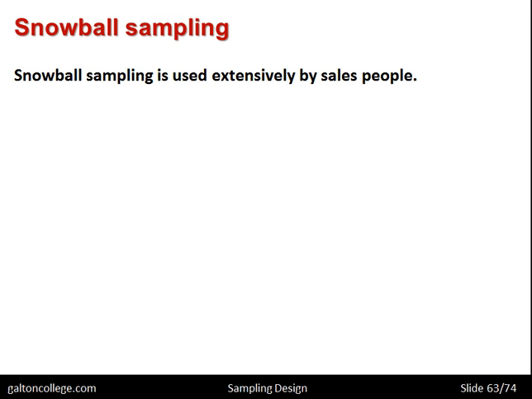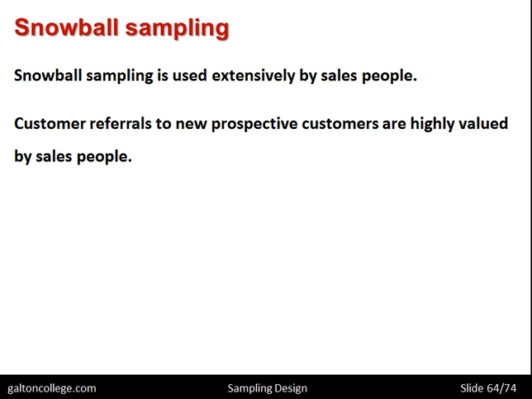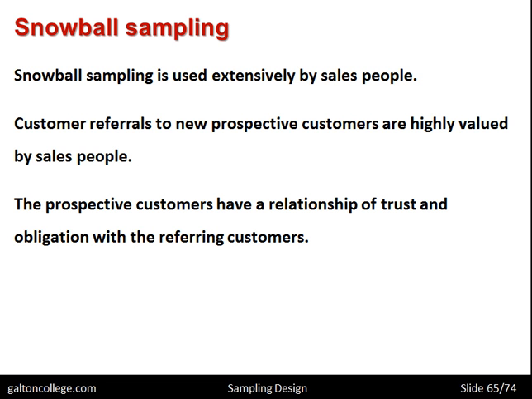Snowball sampling is used extensively by salespeople. Customer referrals to new prospective customers are highly valued by salespeople. So if the salespeople sell you a particular product and then ask you to recommend the shop to your friends, then that's a recommendation and that's highly valued by the salespeople. The prospective customers have a relationship of trust and obligation with the referring customers.